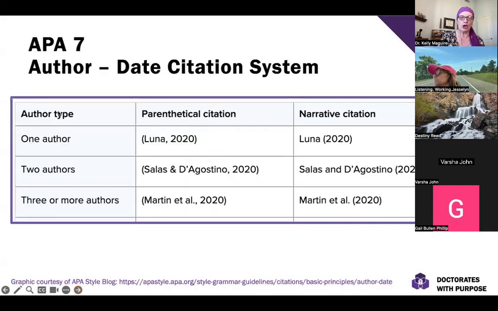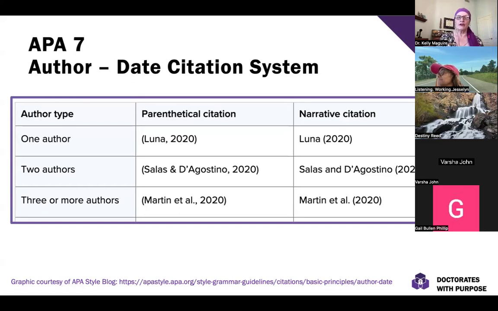So continuing on, in that same blog, apastyle.apa.org, they have an author-date citation system, and it looks like this. I'm only picking part of it because most of the time in our doctoral program, we're working with empirical scholarly journal articles.